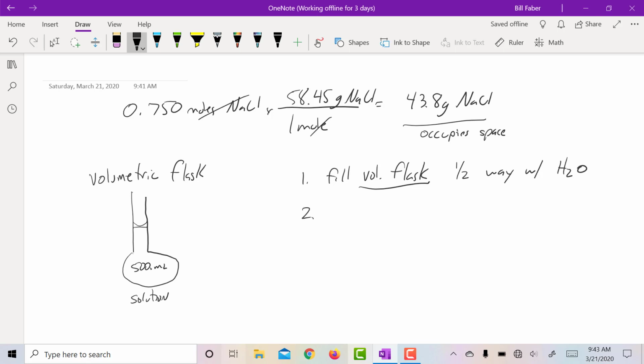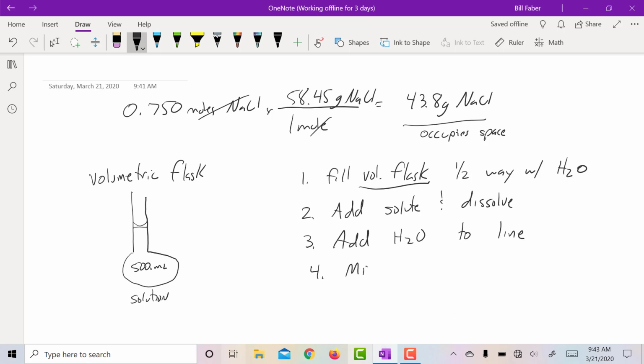And then what you do is you add your solute and dissolve it. So you kind of slosh it around, mix it up, and then you add water to the line.